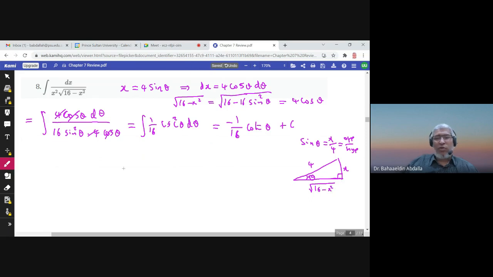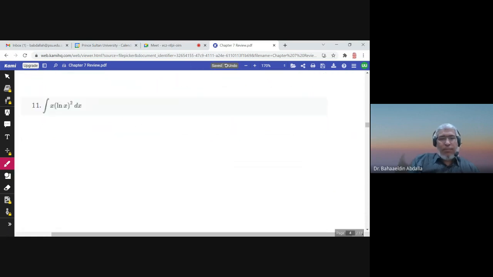And the answer would be negative 1 over 16. And now cotangent is adjacent over opposite. So it is the square root of 16 minus x square over x. So this would be the final answer.